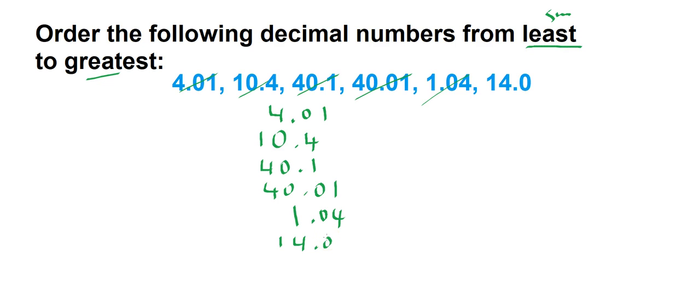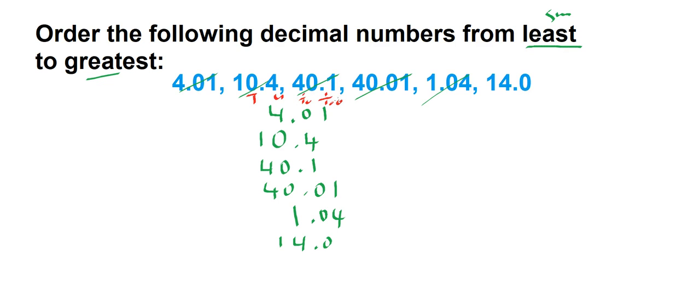Okay, so now we've got them pretty much lined up. My writing isn't that clear, but in the tens place right here, this is the units, this is the tenths, and this is the hundredths over here.